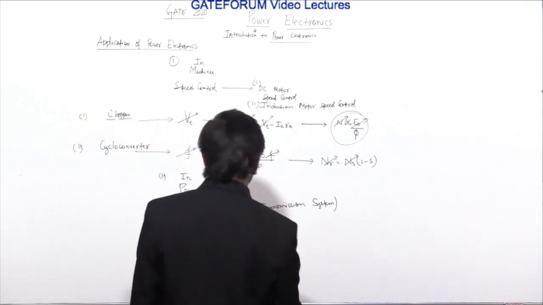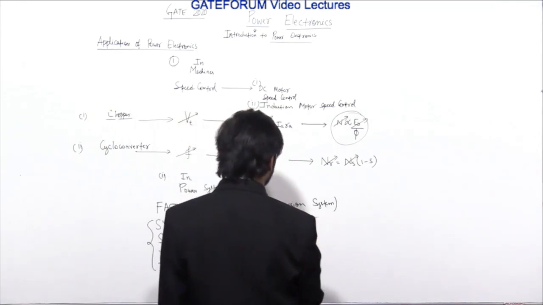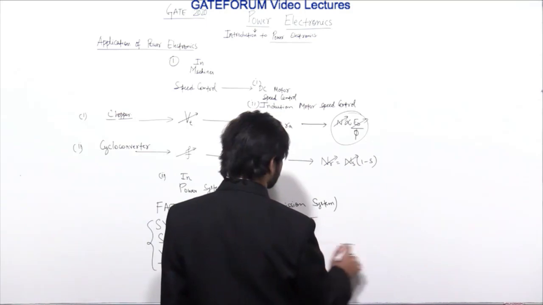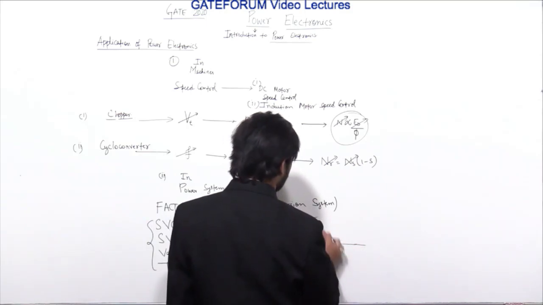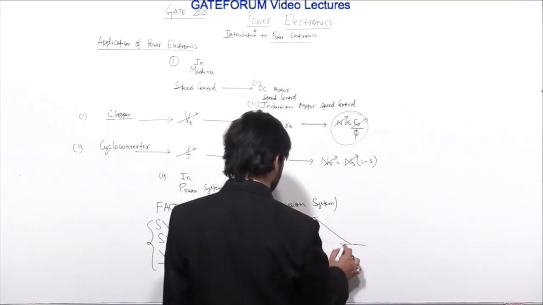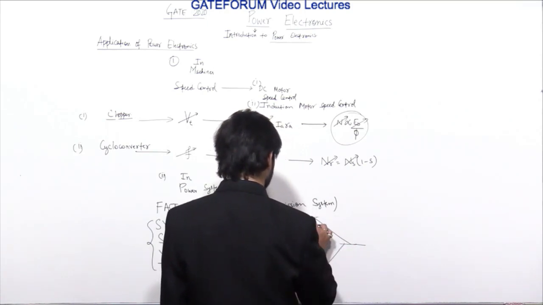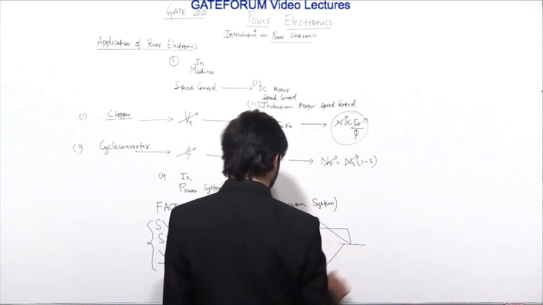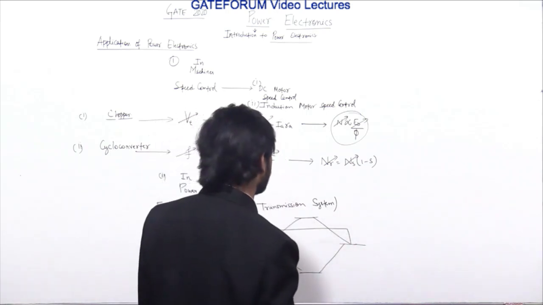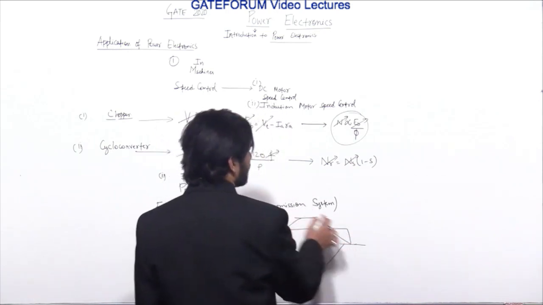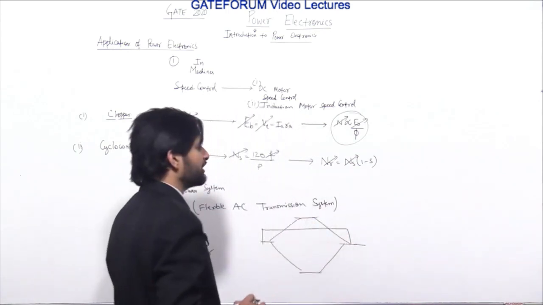Because if I have different buses that are connected, say these buses are connected, each bus will have a different voltage level.